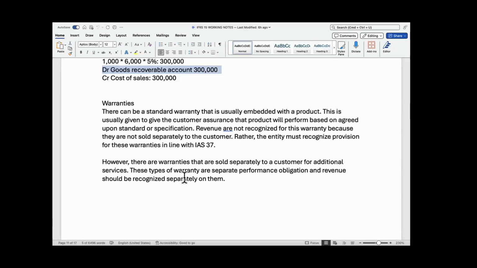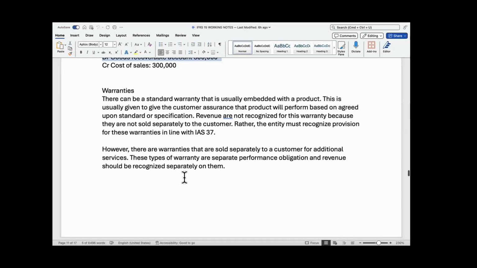However, there are certain warranties that are sold separately to a customer as an additional service. Just like Apple products now, usually after 1 year, they will tell you that the insurance that came with it has expired, and if you need insurance, you would need to buy it.